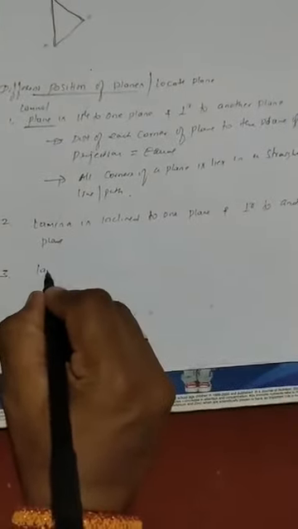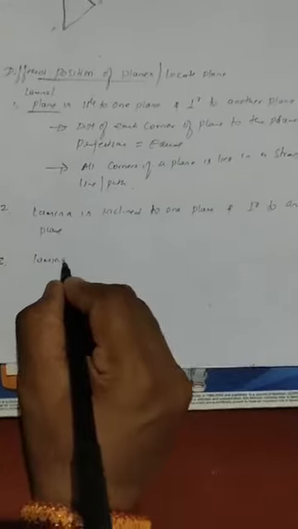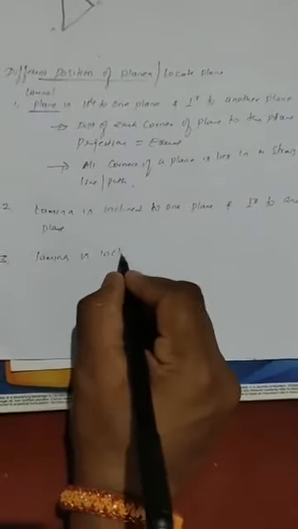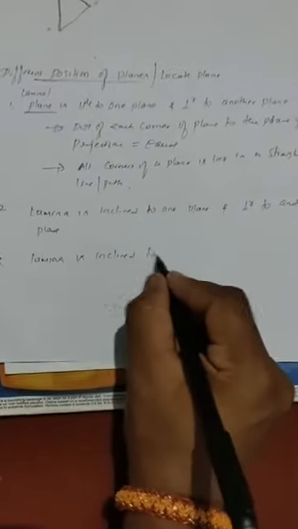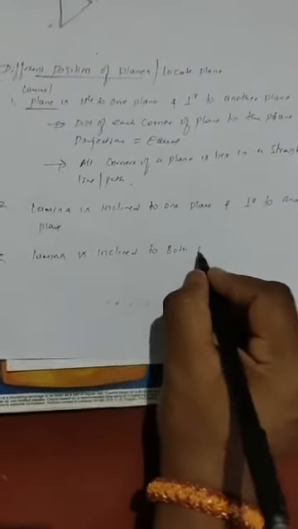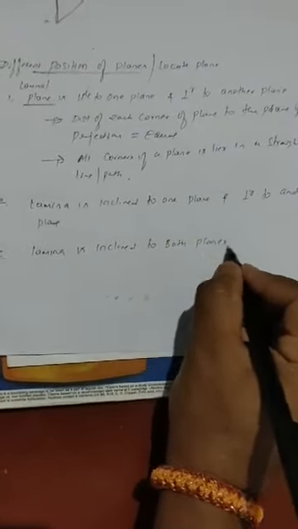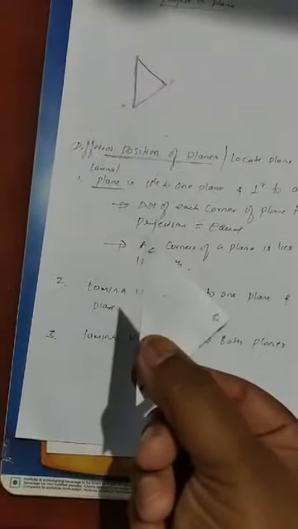Then the third position is, the lamina is inclined to both the planes. The lamina is inclined to both the planes means I can consider the same triangular lamina.